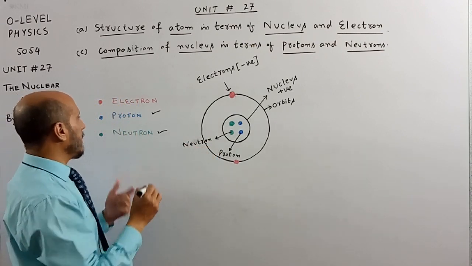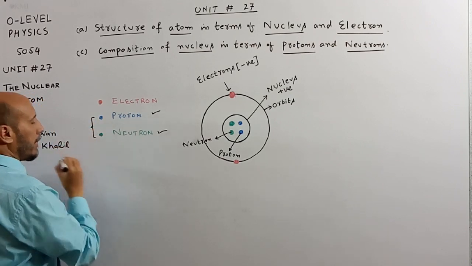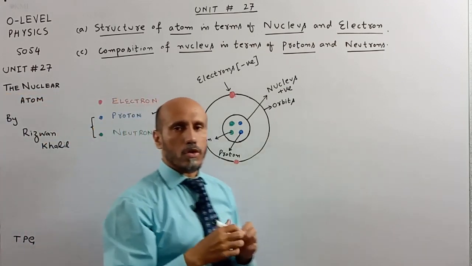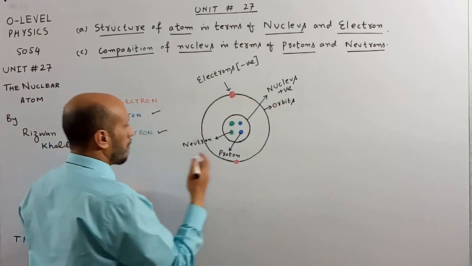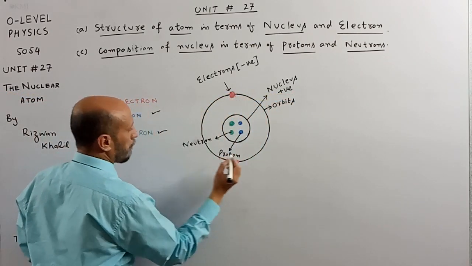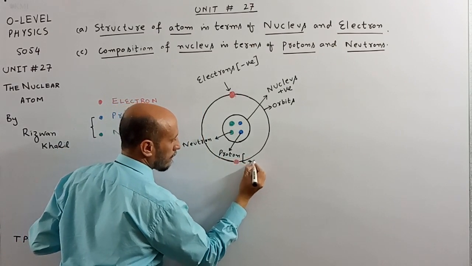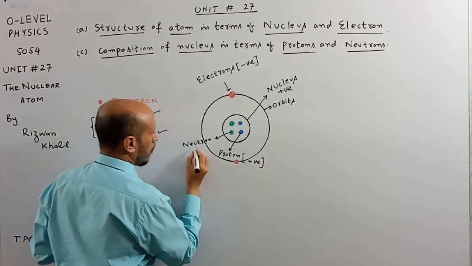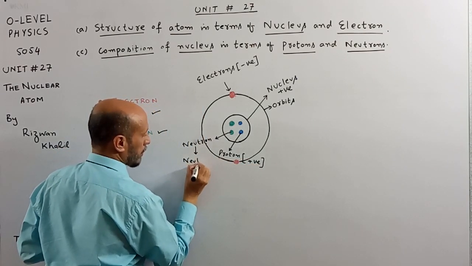So nucleus consists of two particles called protons and neutrons. Protons are positively charged particles, while neutrons are neutral.